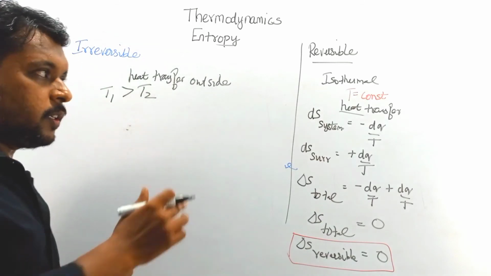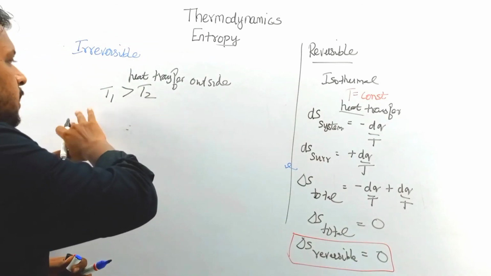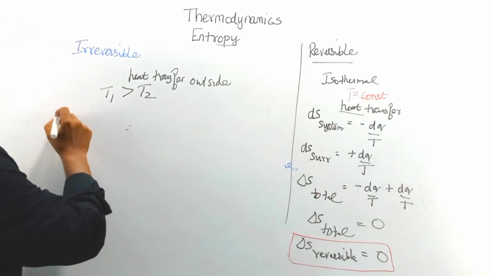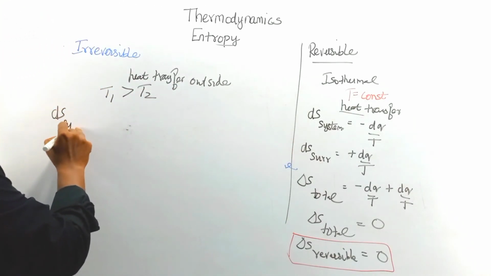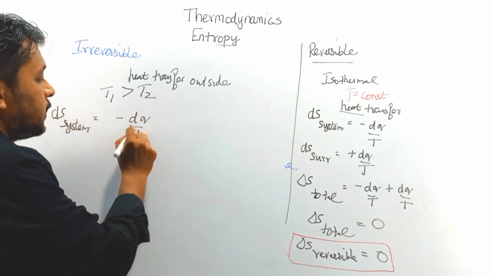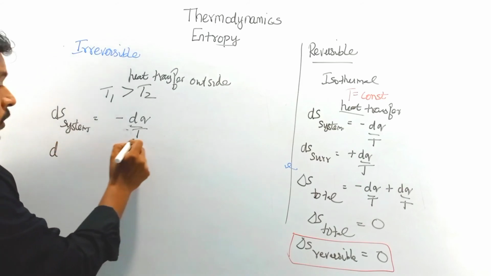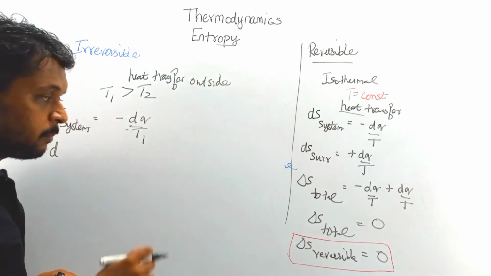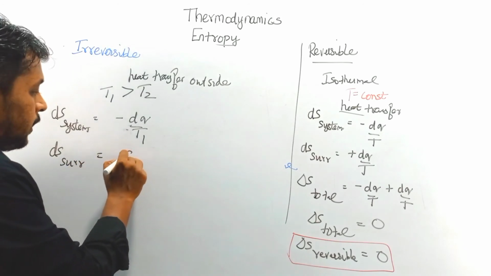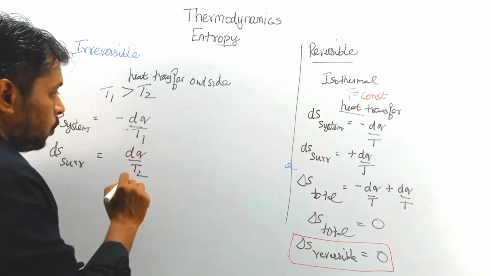As heat is transferred, the temperature inside will be more when compared to outside. So the change in entropy of the system will be minus dq by T1, because inside the system the temperature is T1, and of the surroundings will be dq by T2.